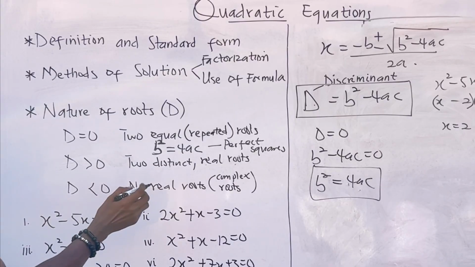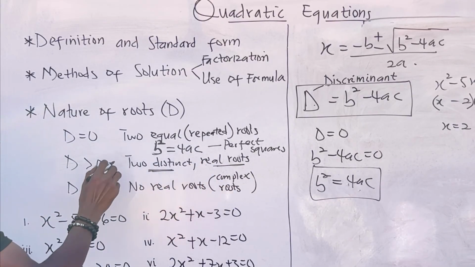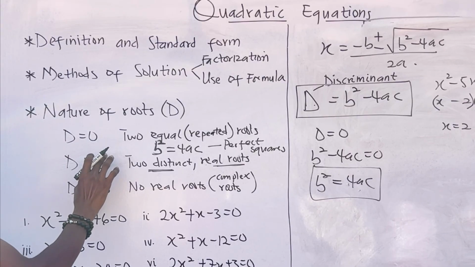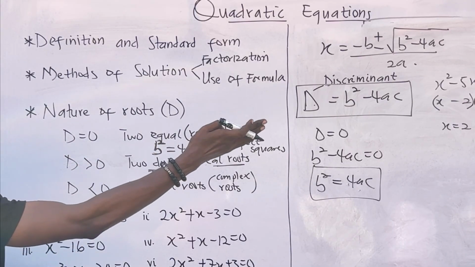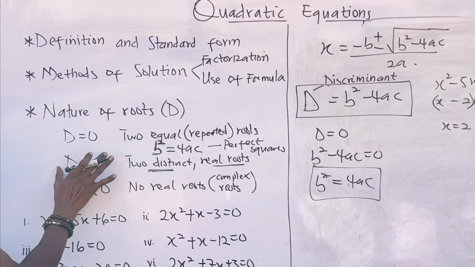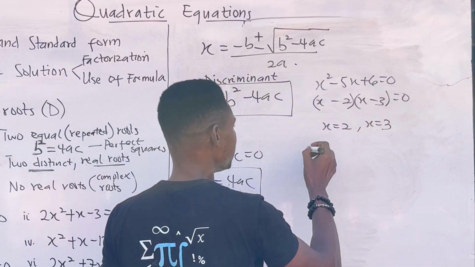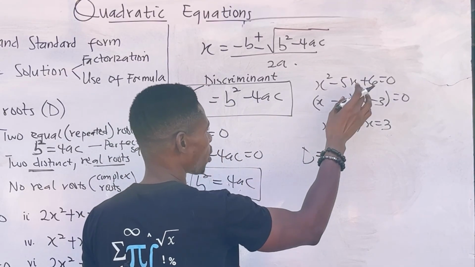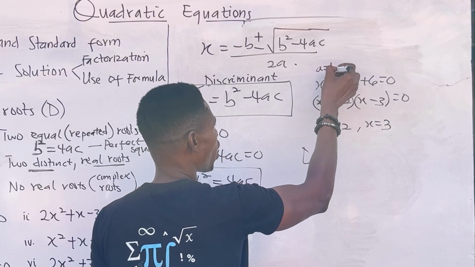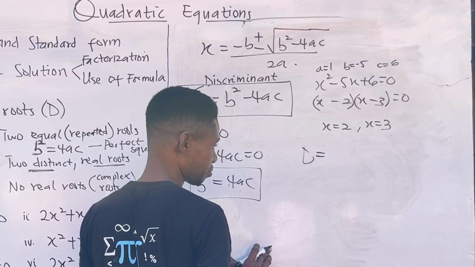So it says if you have two real roots and they are distinct, that means your d is bigger than 0. Since we had two distinct roots, let's see if our d is bigger than 0 in this case. So how do we get d? Remember, our d equals b squared minus 4ac. Our a is 1 here, our b is minus 5, and our c is 6.